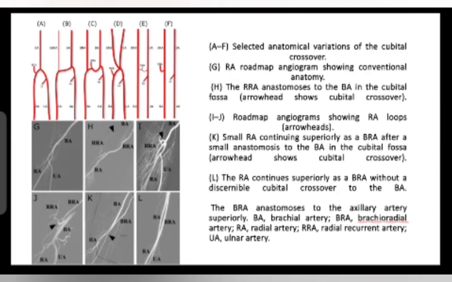In K angiographic image, there is small radial artery continuing superiorly as brachioradialis after a small anastomosis to brachial artery in cubital fossa, indicated with arrowhead. And in the L angiographic image, the radial artery continues superiorly as brachioradialis artery without a discernible cubital crossover to the brachial artery.